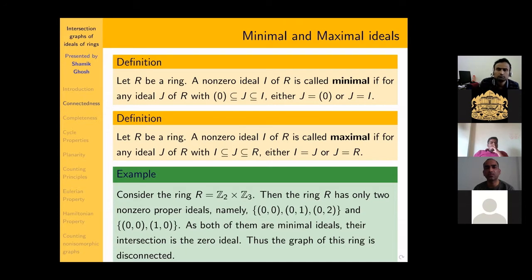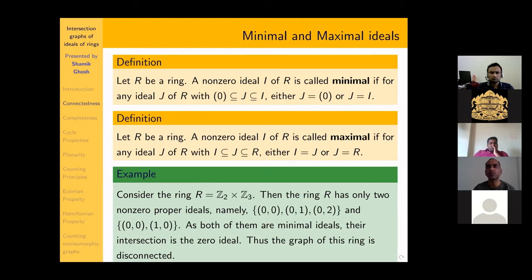Now, suppose we consider the product of Z2 and Z3. You know that in Z2, 1 plus 1 is 0, and in Z3, 1 plus 1 plus 1 is 0. So you can generate only two kinds of non-zero proper ideals here.